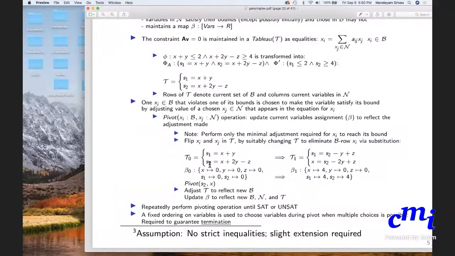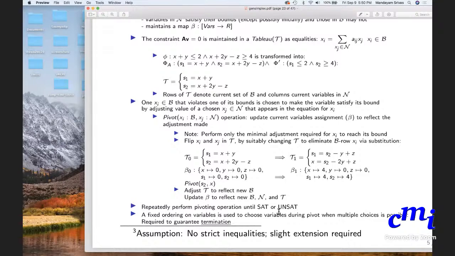but you could also have multiple violating variables in the basic set. Then you need to choose. In either case, the algorithm uses a fixed ordering on the variables, and if there are multiple choices available for either the basic variable or non-basic variables to pivot, then it uses the smallest among them.